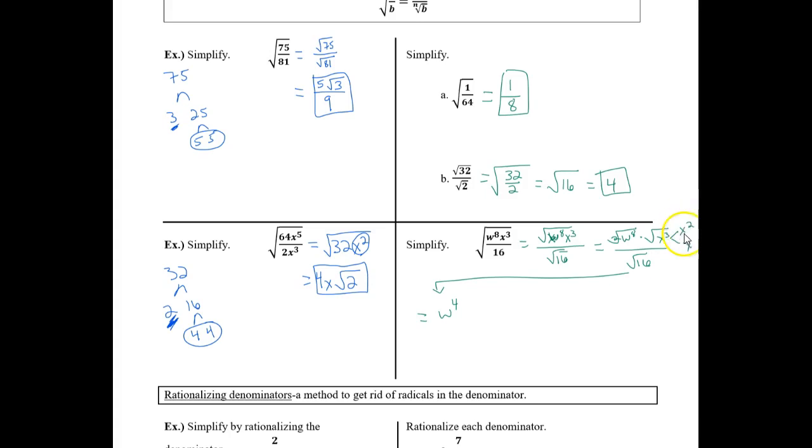See, I have 2 x's and this makes 3. The x squared I can take out. The x has to stay underneath. So the square root of x squared is x, and then I have this other x left underneath the radical. Then in the denominator, the square root of 16 is 4. And that's as far as you can go.